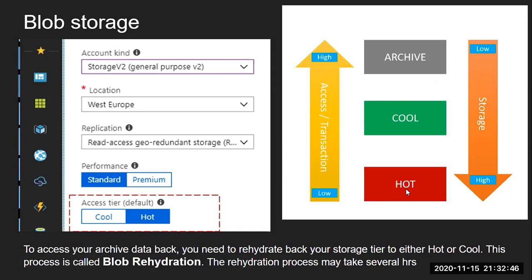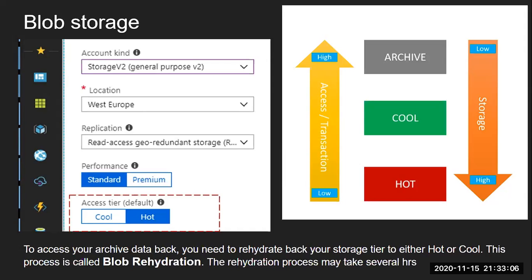The hot tier has the highest storage cost but the lowest data access cost. Once you store things in blob storage, there is a fee when you need to read and write them.